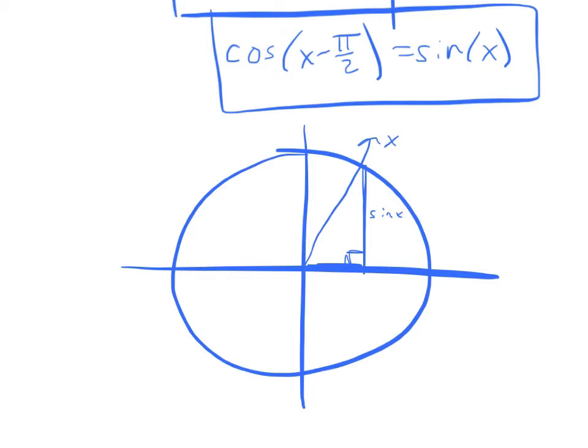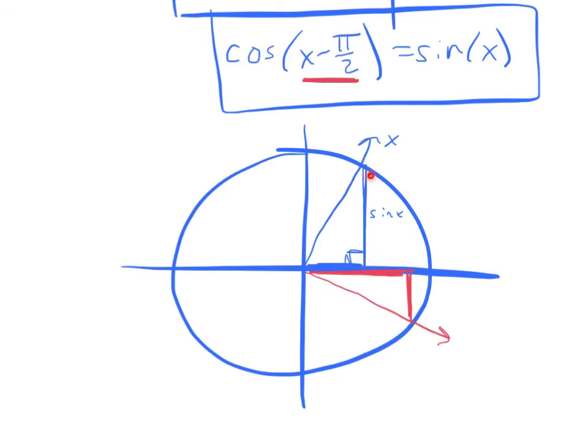But now, what is x minus pi over 2? X minus pi over 2 basically means 90 degrees off from that. It means this angle here. So for that angle, we would think about this triangle. But the idea is, due to symmetry, these two triangles are effectively the same triangle.